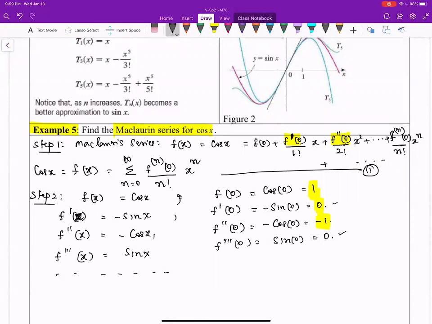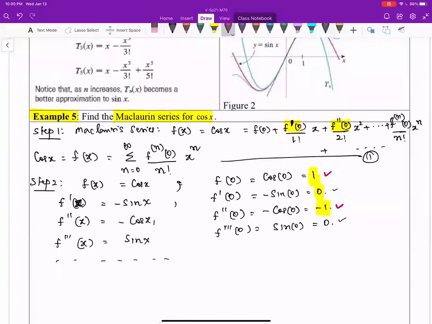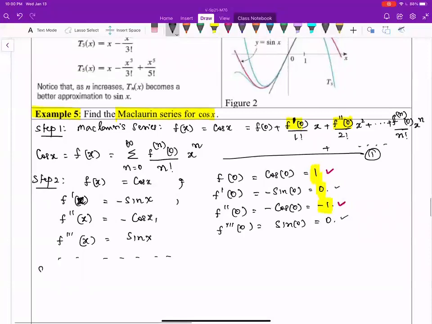The first coefficient and the third coefficient are going to alternate in sign.